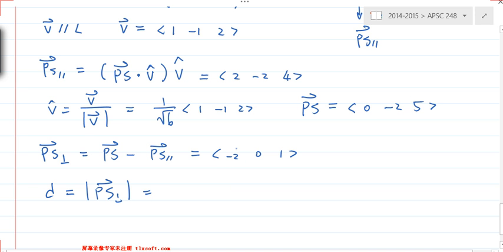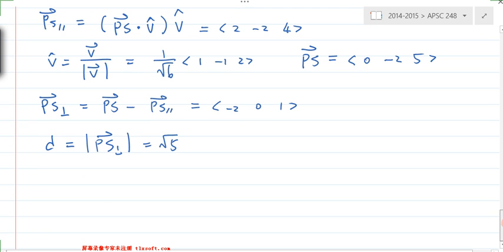And that's what? Root 5. Is that okay? Okay, so I think it's worthwhile. Let's do another method here, okay?